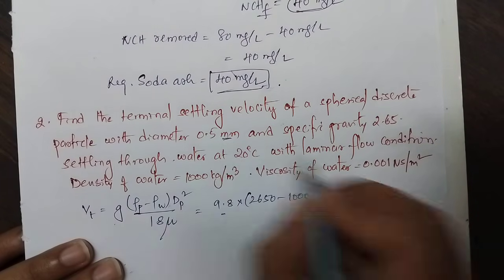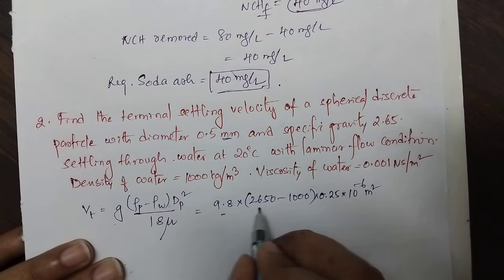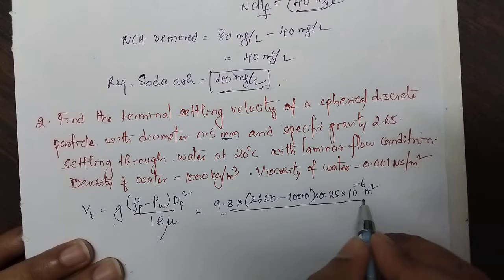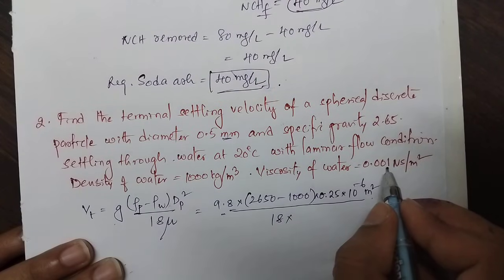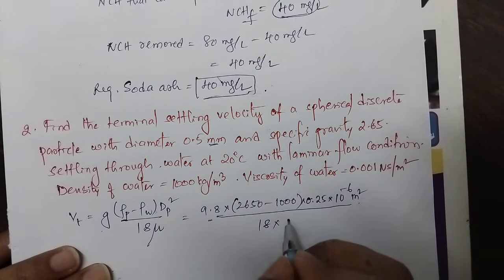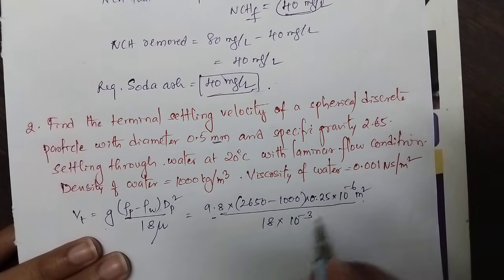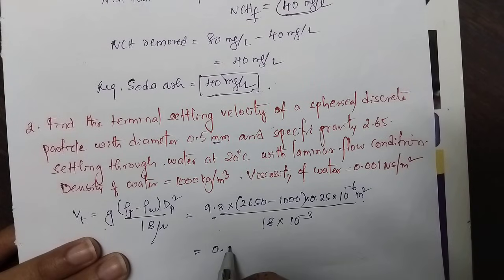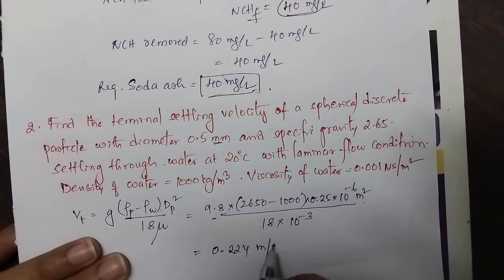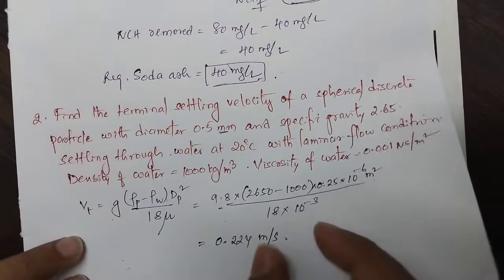This is given in mm, so this would be 10 power minus 6 meter square, divided by 18 times 0.001 Newton second per meter square, so it's 10 power minus 3. If you substitute all the values, you should get around 0.224 meters per second. This is the terminal settling velocity.